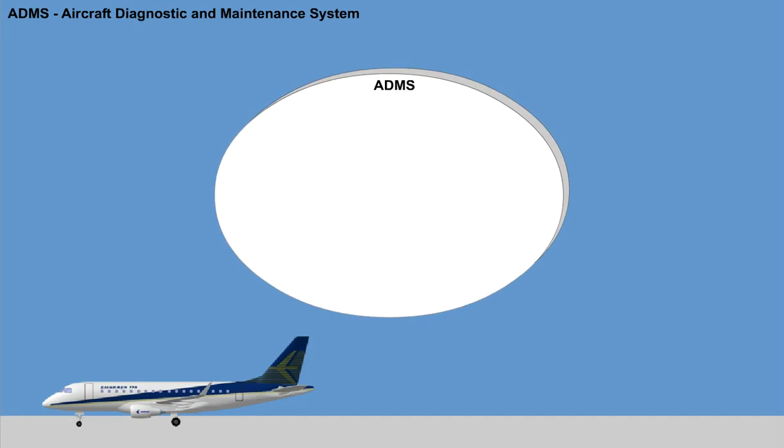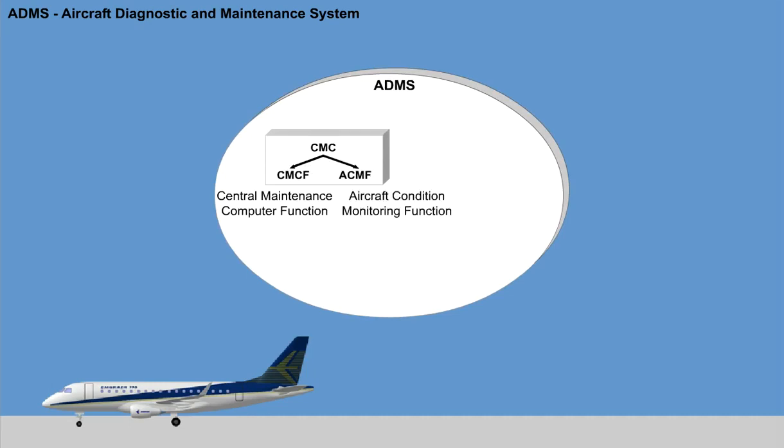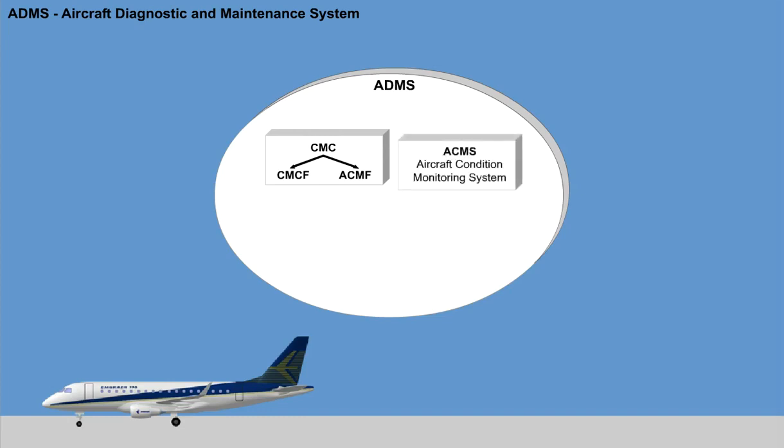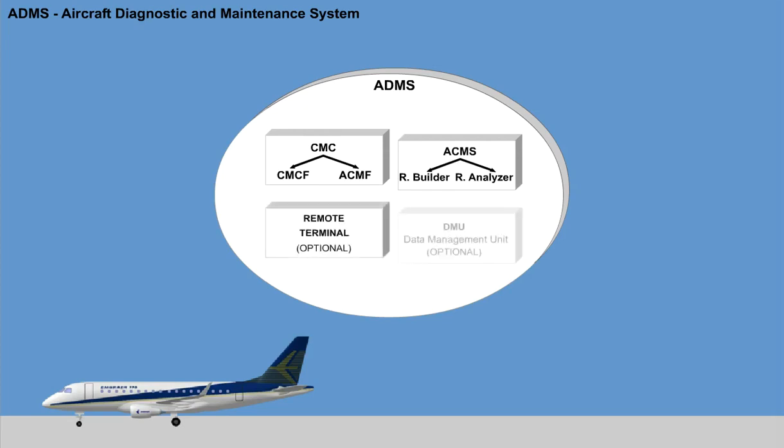The ADMS is comprised of a central maintenance computer that hosts the central maintenance computer function and the aircraft condition monitoring function, the aircraft condition monitoring system, ground support software report builder, an optional remote terminal, and an optional data management unit.